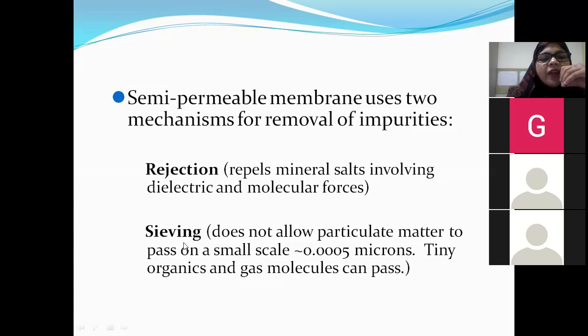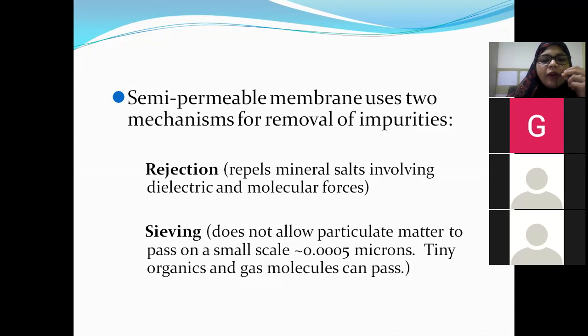And the other is sieving, which we already discussed, that it does not allow particulate matter to pass on a small scale, that is 0.0005 microns. So the sieve size is in microns. So only tiny organic and gas molecules can pass through this sieve, not the heavy molecules or multivalent ions or your suspended particles.